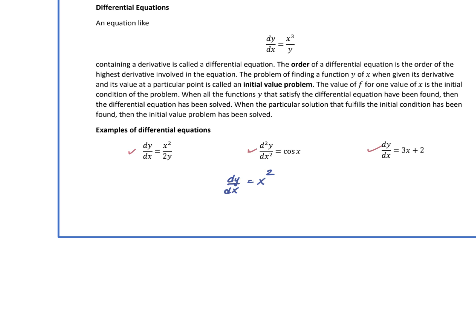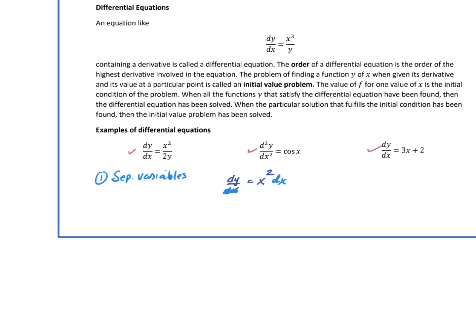And the way that we do that is we integrate. Okay, so the first thing we do, and we call it separation of variables, is we separate variables. Meaning the y's need to be with the dy and the x with the dx. So I'm just going to bring this up like this.